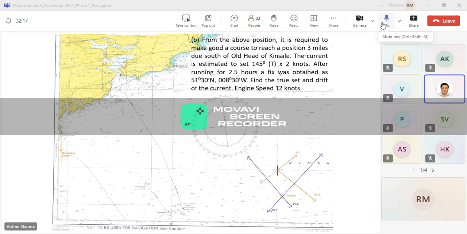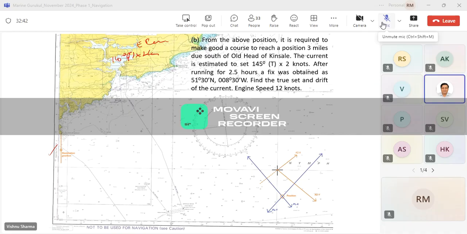Can you see the destination here? Now, the current is estimated. The current is estimated to set 145 degrees true at 2 knots.